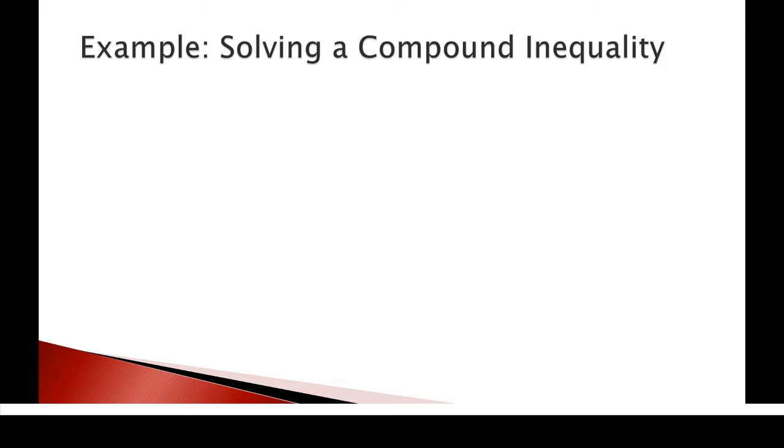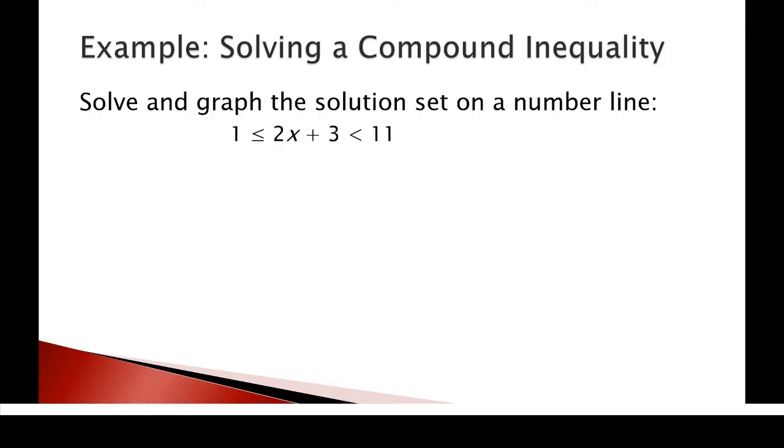Then let's look at how to solve a compound inequality. Here you have two inequality signs: 2x + 3 should be greater than or equal to 1 and less than 11.